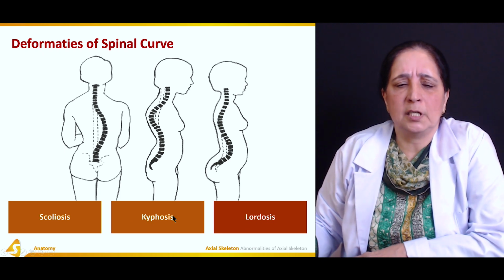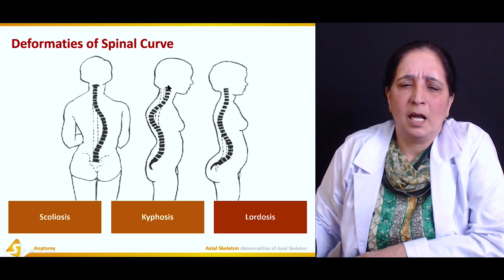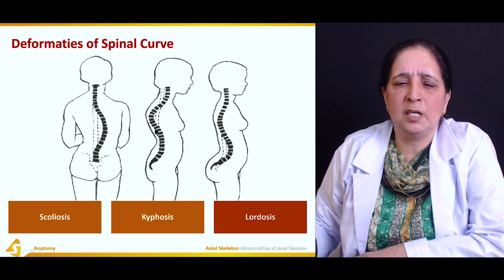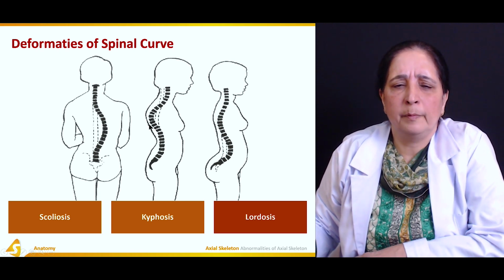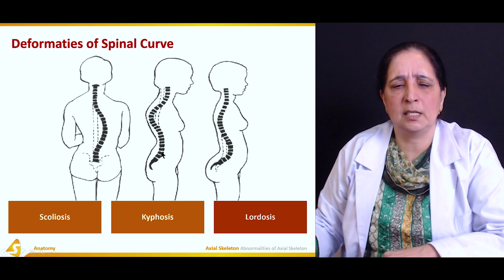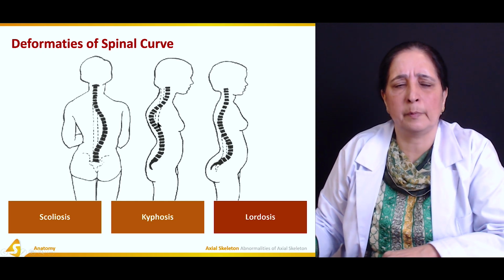Kyphosis is the posterior curve of the thoracic spine. If you see, this curve is in the top thoracic region, so it's the posterior curve deviation from the normal. They are showing you the normal spine.